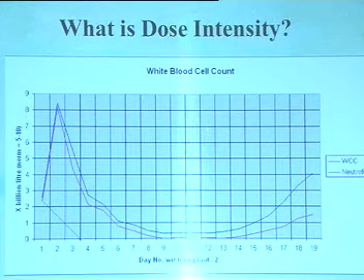The thought process is that if you can give the chemotherapy every 2 weeks and dose intensify, maybe the tumor will respond better, so that you do not allow the tumor to grow in between. So what people do is they start growth factors, and instead of this rise happening in the 3rd week, it happens at day 14. So we can give the chemotherapy every 2 weeks.